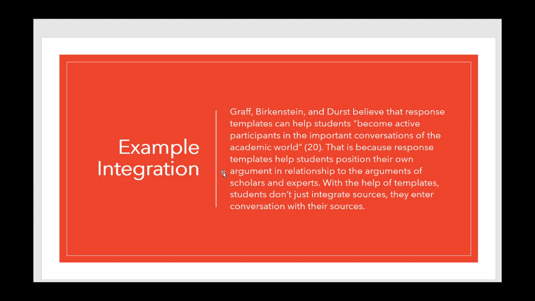Well, here's why. Because it helps students position their own argument in relationship to other ones. And this is important because students don't just integrate sources, they participate in these conversations with their sources. And so if the whole point of your essay is to get that point across, then it did, because we have all of the parts that make that very clear to the reader.